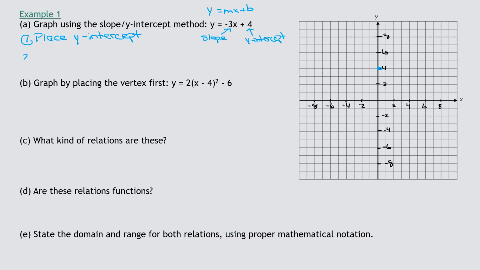The second step after you've placed your y-intercept is to count out the slope from the y-intercept. Count out the slope from your b value, wherever your b value was.